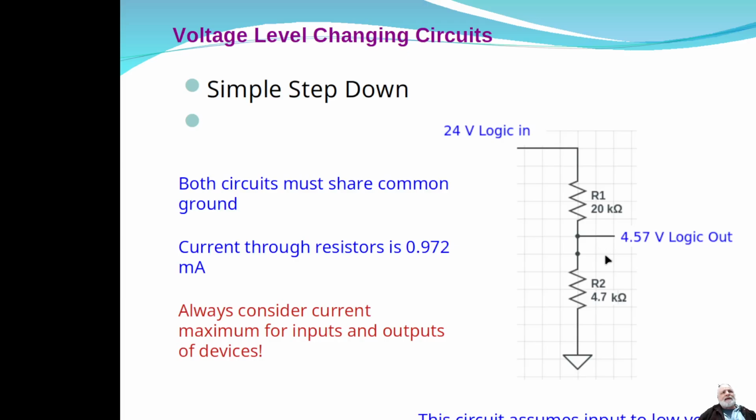Okay, so we're stepping it down. Very simple. If you're stepping down, very, very easy. And if you needed to step all the way down to 3.3, you would just have to adjust the values of the resistors. Now, again, you want to choose values of resistors that are not going to have outrageously large current draws.